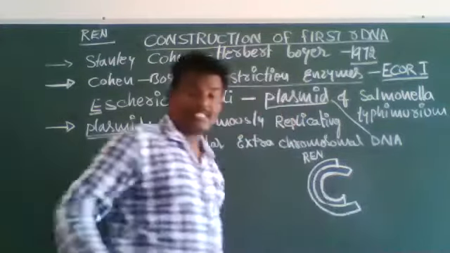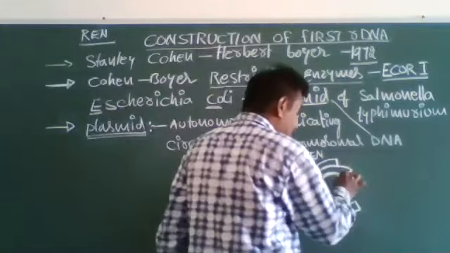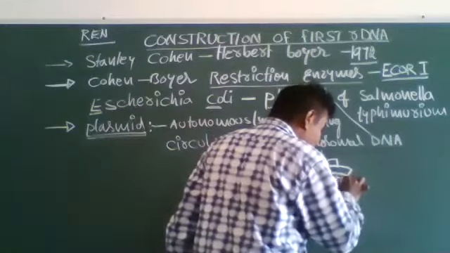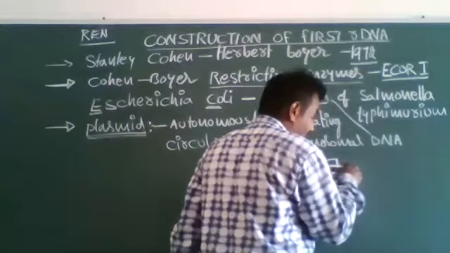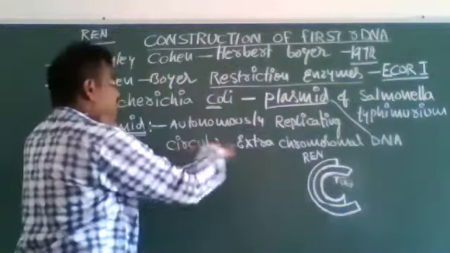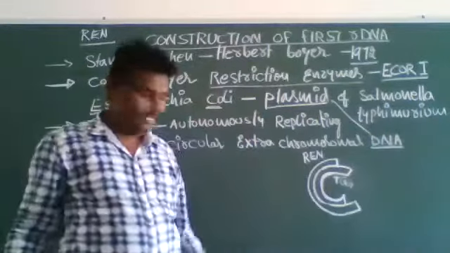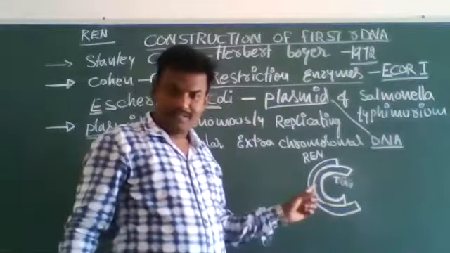This is complementary, the nitrogenous base sequence. It is a DNA, an autonomously replicating circular extrachromosomal DNA.